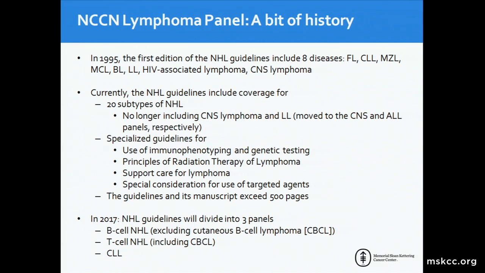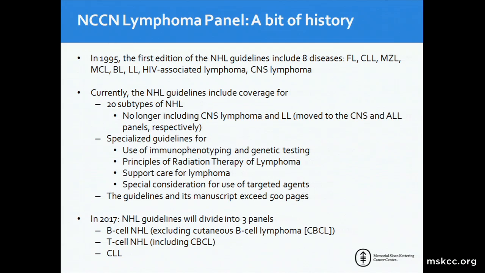So a little bit of a history. Our first guidelines were published in 1995. It included 8 diseases. We currently cover 20 different diseases, and we've even given up 2. We gave up CNS lymphoma to the CNS panel, and we gave up ALL to lymphoblastic lymphoma to the ALL panel.